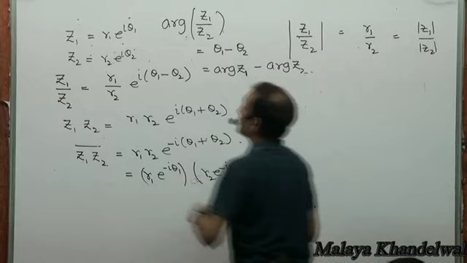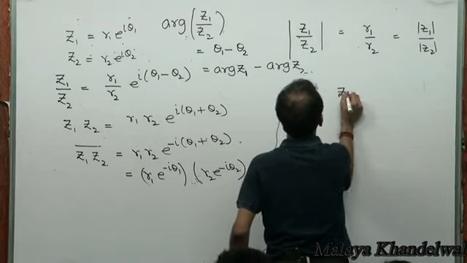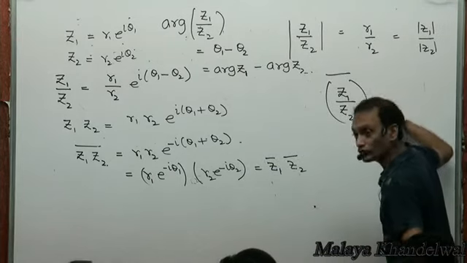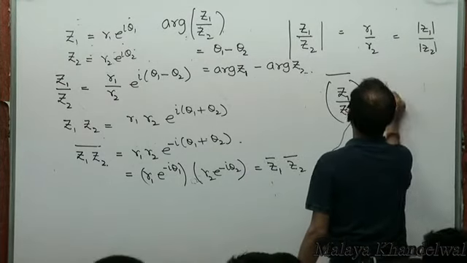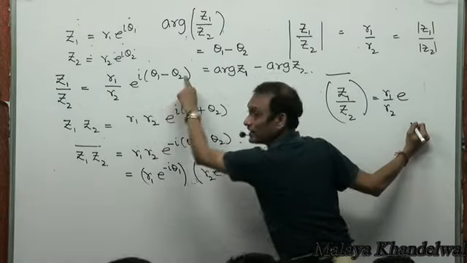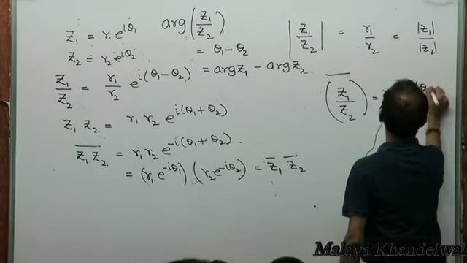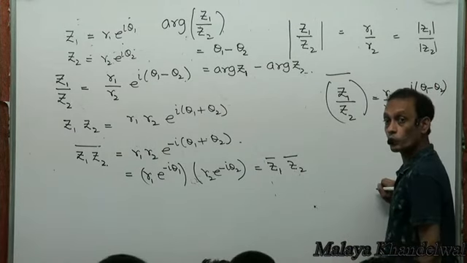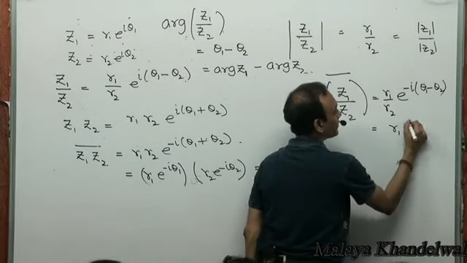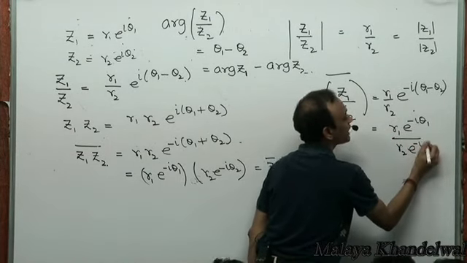Similarly, if z1 by z2 is a complex number, then the bar of the whole thing, the bar of the ratio, is going to be r1 by r2 e power minus i (theta 1 minus theta 2). Yes or no? Right? This can be written as r1 e power minus i theta 1 divided by r2 e power minus i theta 2.